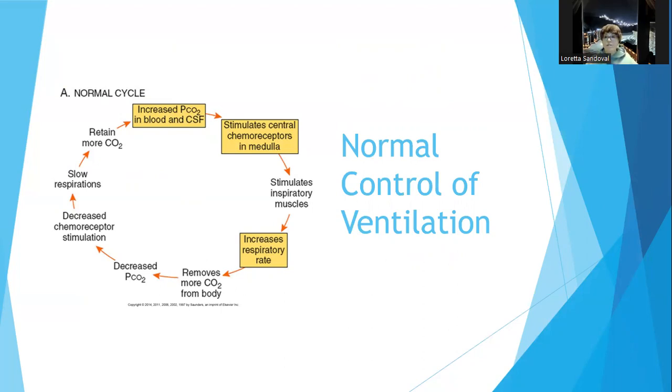So you get decreased partial pressure of CO2. That's what PCO2 is. You get decreased chemoreceptor stimulation, slower respirations, you retain more CO2, and that causes increased partial pressure of CO2, which stimulates central receptors. You see the cycle there.